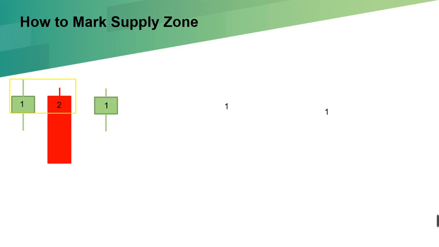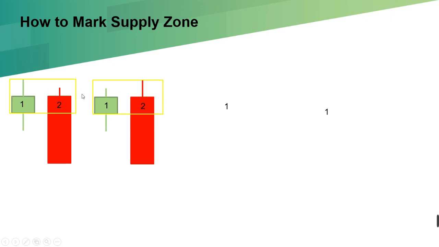So the second type of supply zone that I usually mark is actually the same as the first type over here. But the difference is that the high of the candlestick is different. If you can see, this is higher, then the other one is higher. It's the same story. Whichever goes higher, then it's okay.